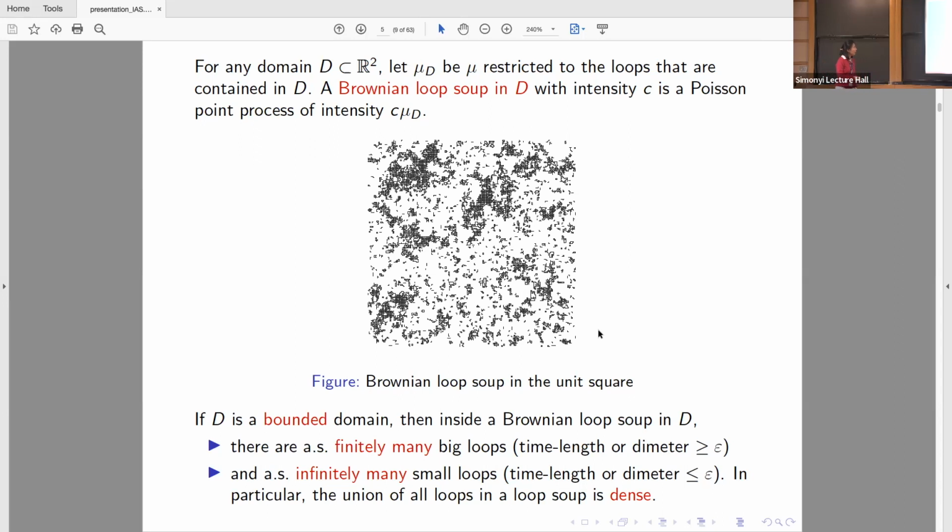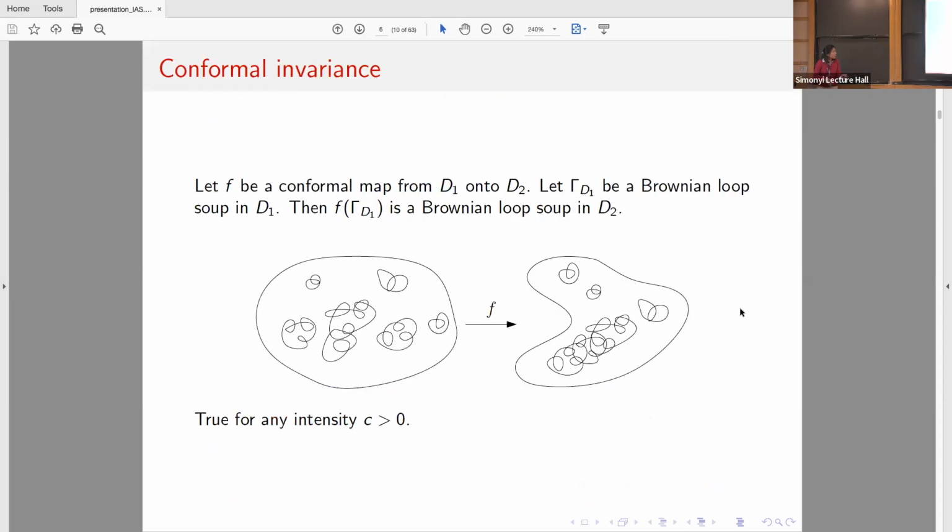A fundamental property of the Brownian loop soup is that it is conformally invariant. This is because the Brownian loop measure was defined to be conformally invariant. So if we take a Brownian loop soup in one domain D1 and then map it by a conformal map to another domain D2, then what we obtain in D2 is again distributed as a Brownian loop soup in that domain.